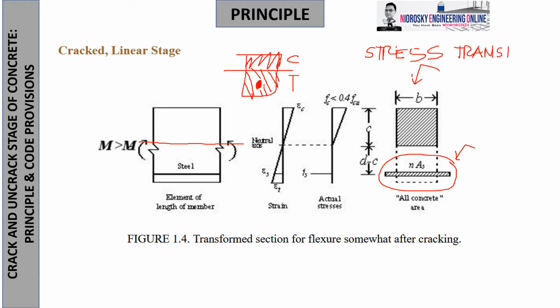Kasi nga po, ang bakal is stronger than concrete, so we need to adjust the stronger material into a weaker material, to make it all a weaker material of similar type. So we are converting the steel into an equivalent concrete, and then calculate whatever is required. So therefore, we don't need to deduct a value of 1 from n, since the concrete itself is already being perforated or neglected due to the fact that it cracks already.